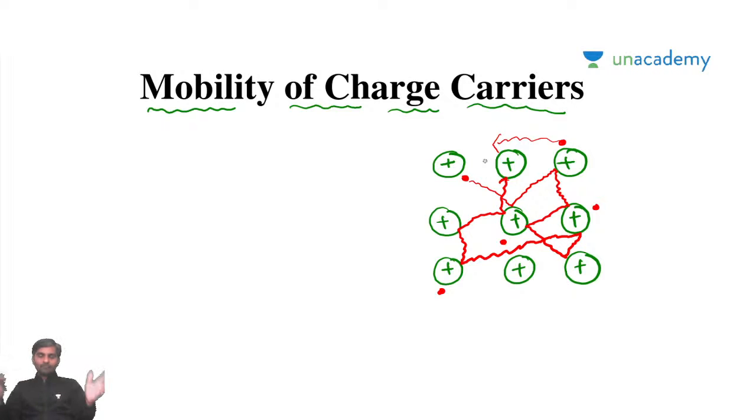A completely random motion is happening, and it is continuous always, right? But it is hitting the ions. The collision is happening with ions, and it is changing its direction, right? So the distance between two collisions is generally called the mean free path.